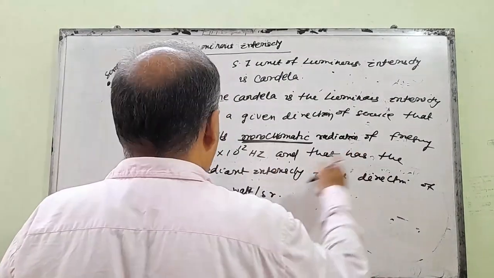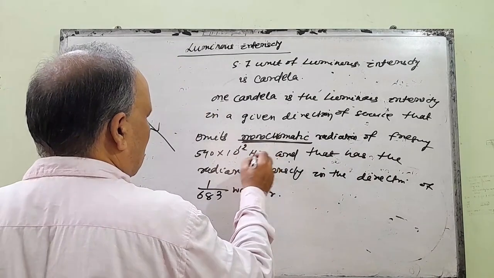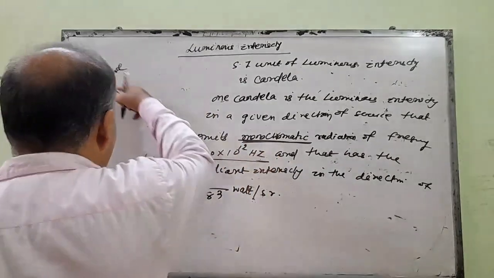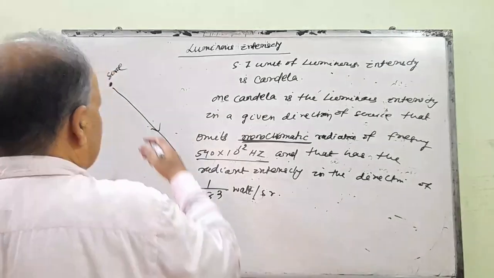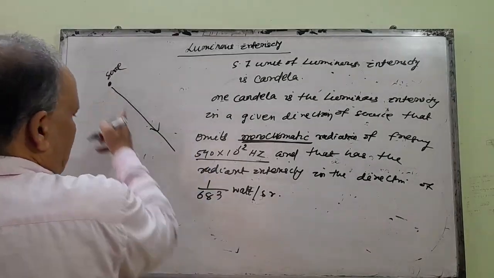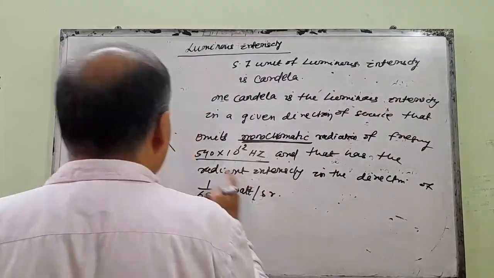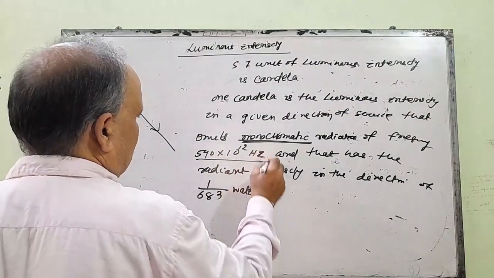Suppose this is a source and this is a given direction. In this direction, a monochromatic radiation is coming, whose frequency is 540 into 10 to the power 12 hertz.